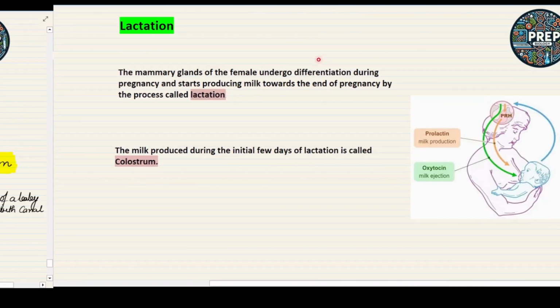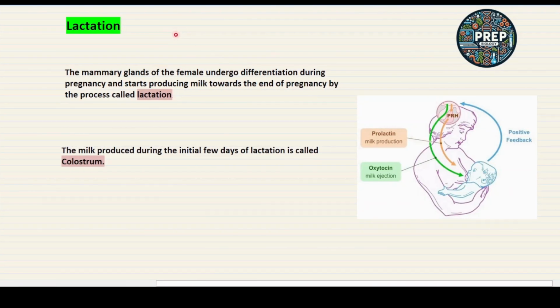Now the next process: after the delivery of a baby, after parturition, the lactation process happens. What is lactation? The mammary gland of the female undergoes differentiation during pregnancy and starts producing milk towards the end of the pregnancy.